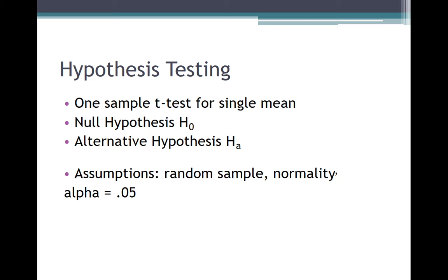My null hypothesis will be that the mean is greater than or equal to 0.10. In this case, I'm just going to say 0.1. You could say mu is bigger than 0.10 versus the alternative that mu is actually less than 0.10.